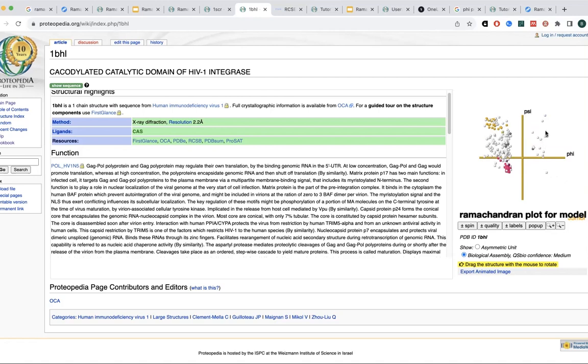So glycine is showing up in all of these different places because glycine is so small and so flexible. But here we have a glutamate. We might have some other amino acids in positions that you wouldn't normally expect to find them in. And this could be why they were showing that we had Ramachandran outliers.